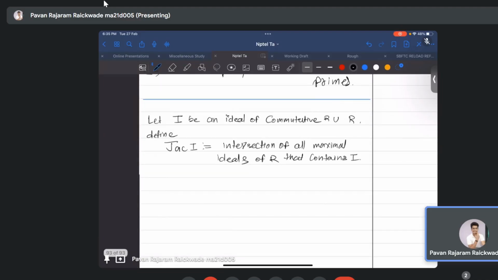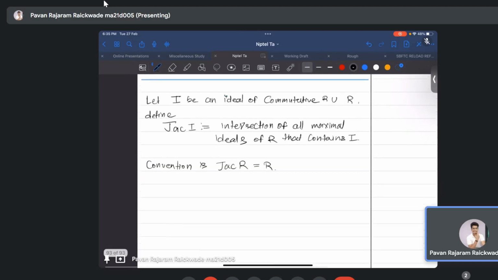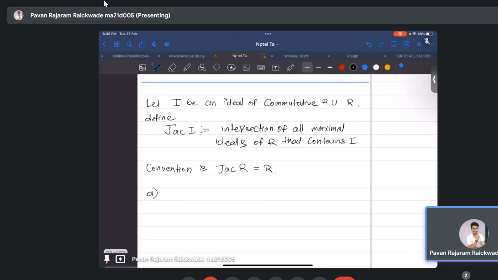So the convention is to define Jac of R as R. Okay. So prove the following.